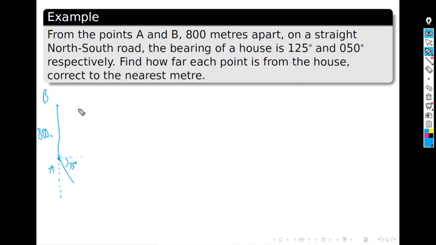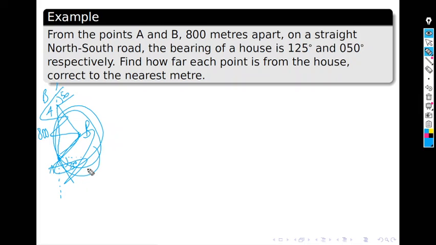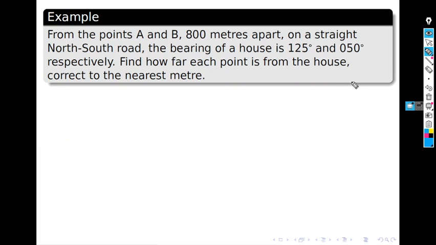And it's 50 degrees from B. Okay, I might have made a little mistake. That's 90, so 50 would be like there. This doesn't look like a very possible problem, does it? Because I think A should be up here. So the house would be here. This is all wrong. Let's just bin it and start again.